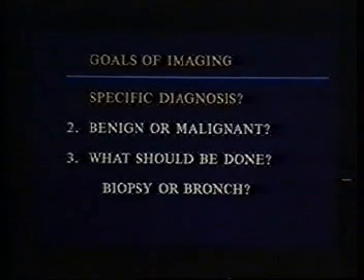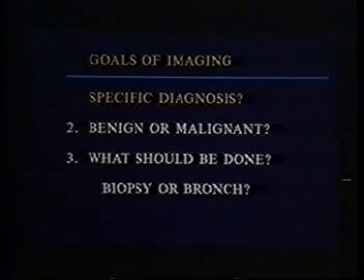Now, talking first about specific diagnoses, there are a number of causes of solitary nodules that can be reliably diagnosed with a very high degree of confidence on plain films or CT or whatever imaging study you happen to be using.